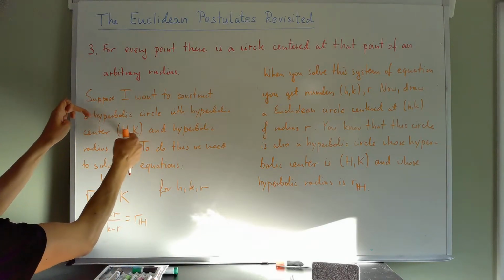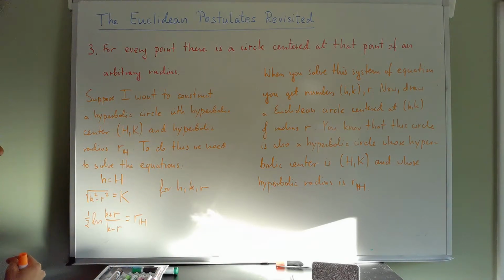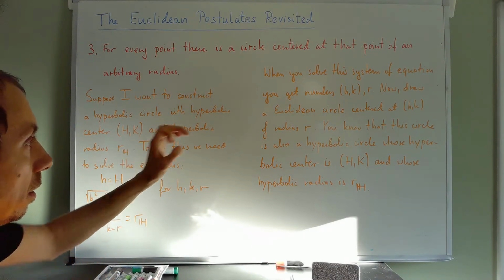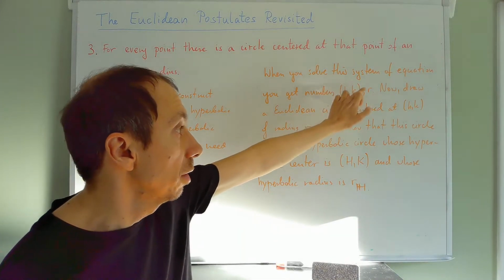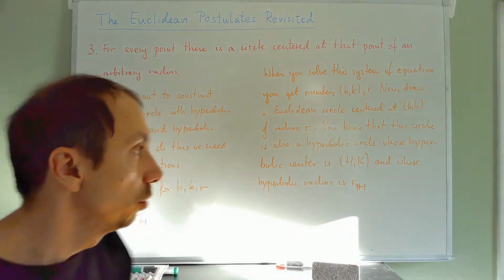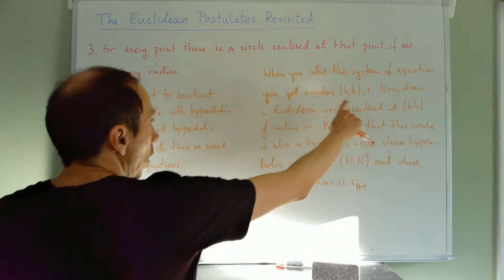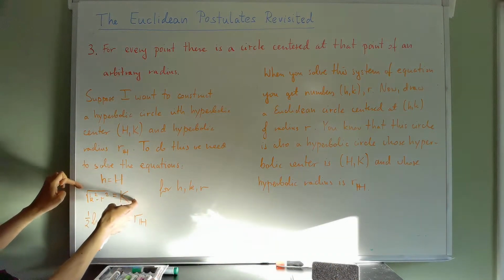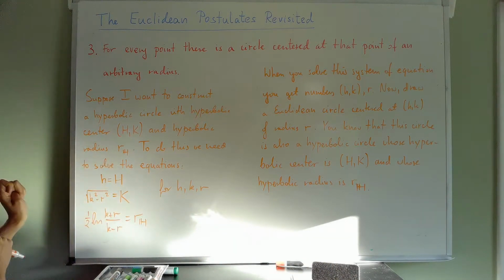If you just give yourself some three numbers, you solve this system of equations, you get three numbers h, k, r, and you draw a Euclidean circle centered at (h, k) of that radius, and you know that the hyperbolic center of that circle is exactly this H and this K, because that's the calculation we just did.